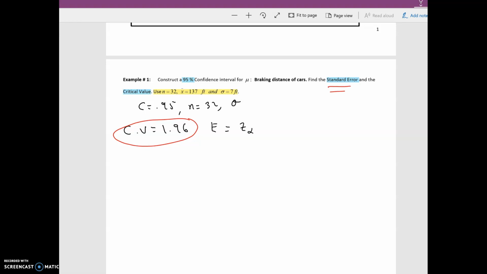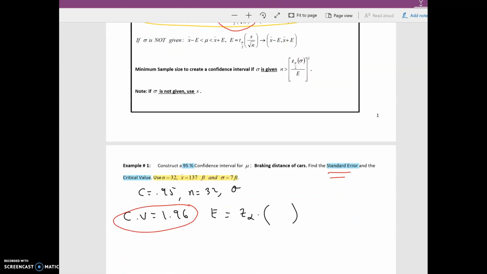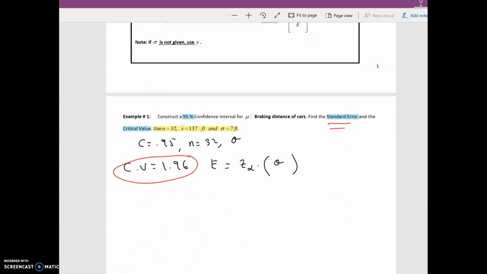You're going to have the critical value times sigma over the square root of n. And this is equal to the following. So we're going to be evaluating 1.96 times the value of sigma, which happens to be 7, over the square root of 32. So please evaluate this and see if we're matching.